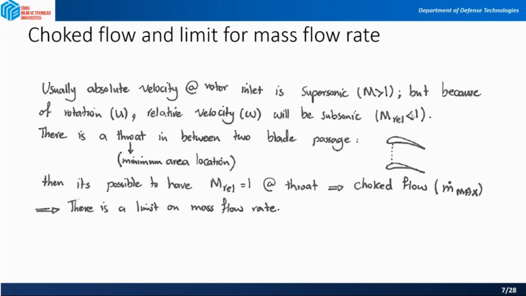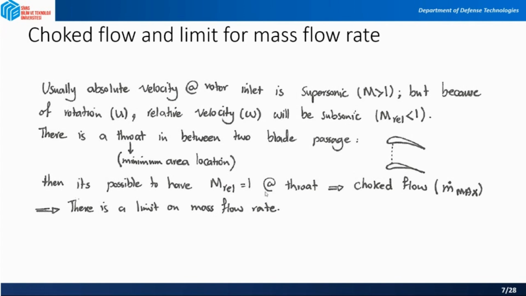If you just look at the blade to blade view like this, you can see that there is a throat there, and this throat has the minimum area location, and it's possible to have your relative Mach number equal to 1 at this throat area.